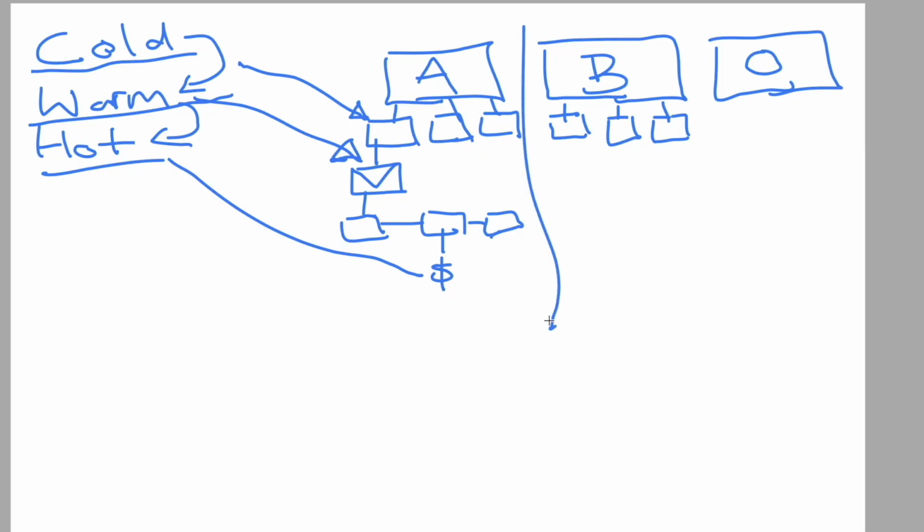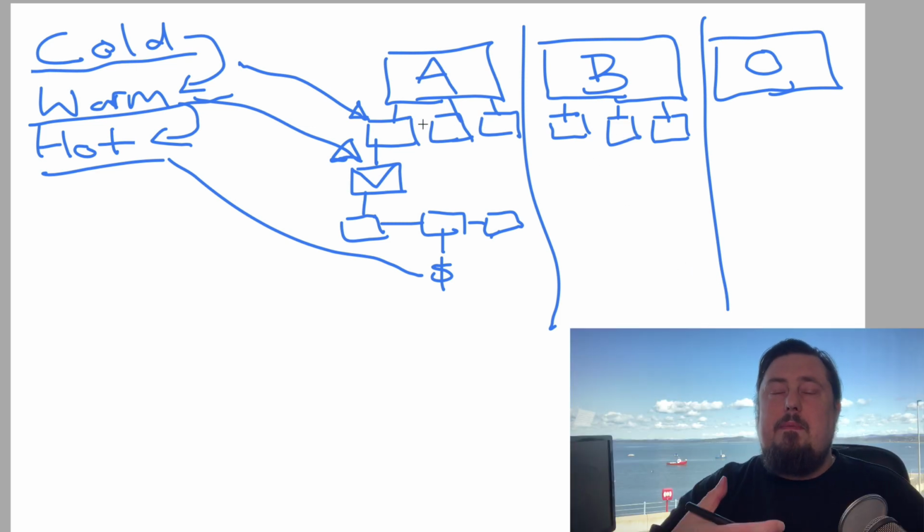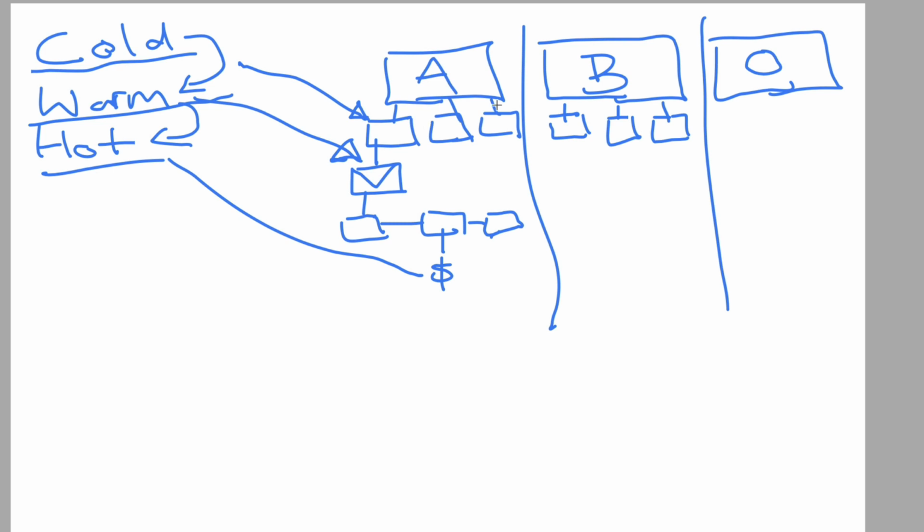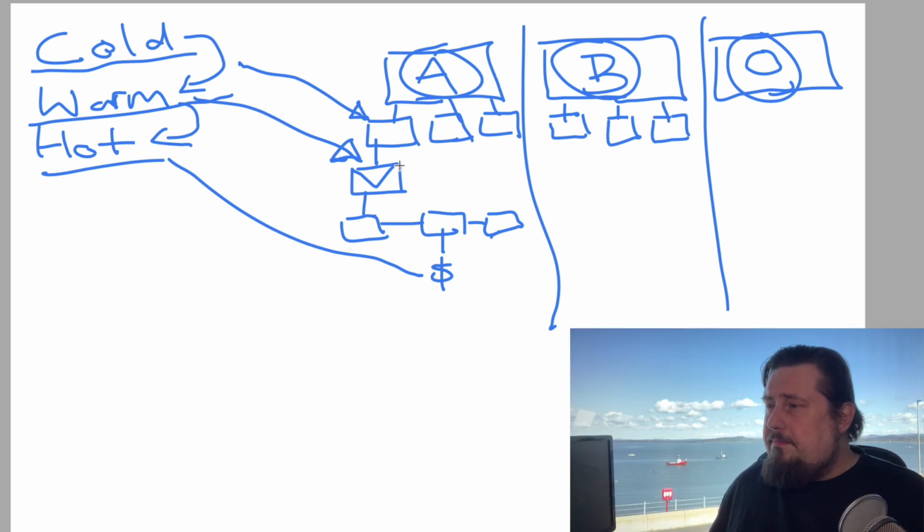So that's the basic structure, but I want to take things a little bit further because I want to make sure that you maximize your potential revenue. So remember, we have these categories. So apple, banana, orange. Well, we create different offers, different lead magnets for each of these categories.